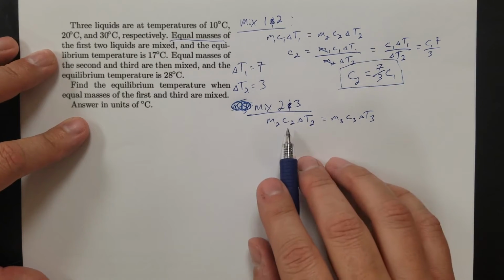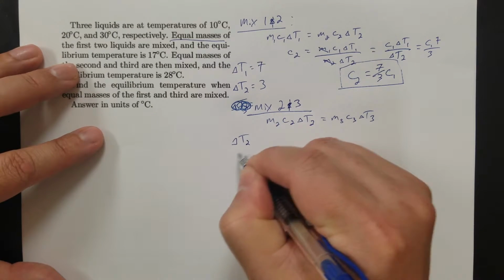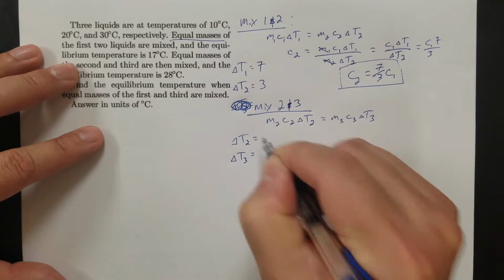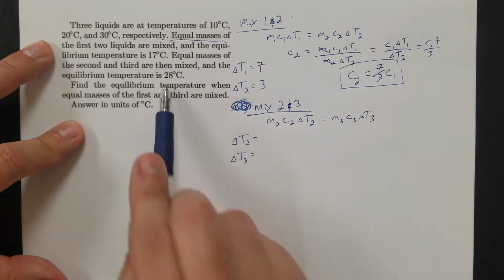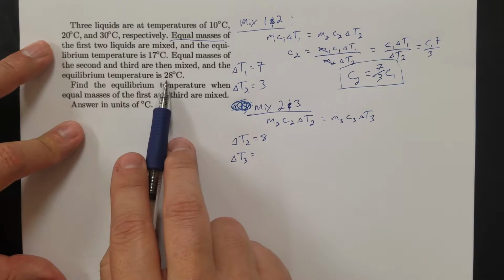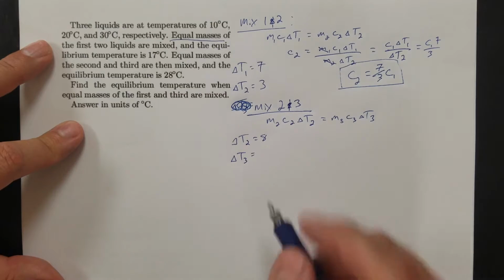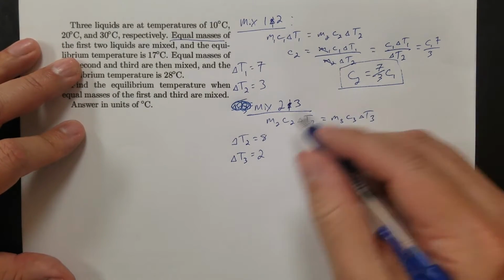Okay, so same thing. Let's do delta T2 and delta T3. Delta T2 goes from 20 to 28, so that's 8 degrees. Delta T3 goes from 30 to 28, so that's 2 degrees. That's the change. Okay, so same process.